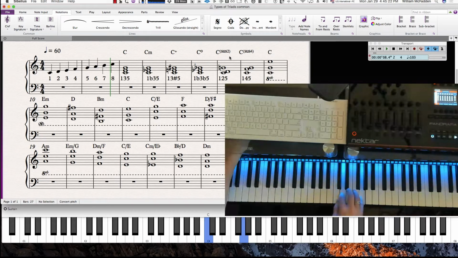So if I take the lower note and raise it up an octave, there would be your first inversion. And this is an interesting chord. When we get into seventh chords, we'll see that if I look at this scale here, the Dorian scale, which is the second mode of the C scale.